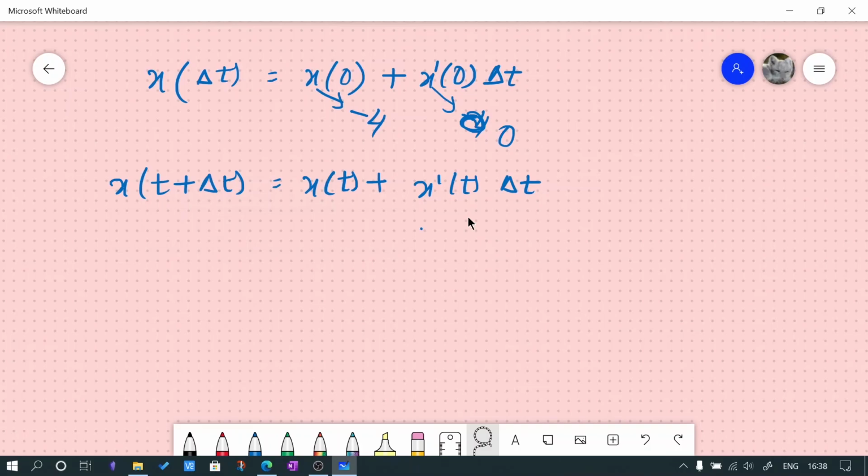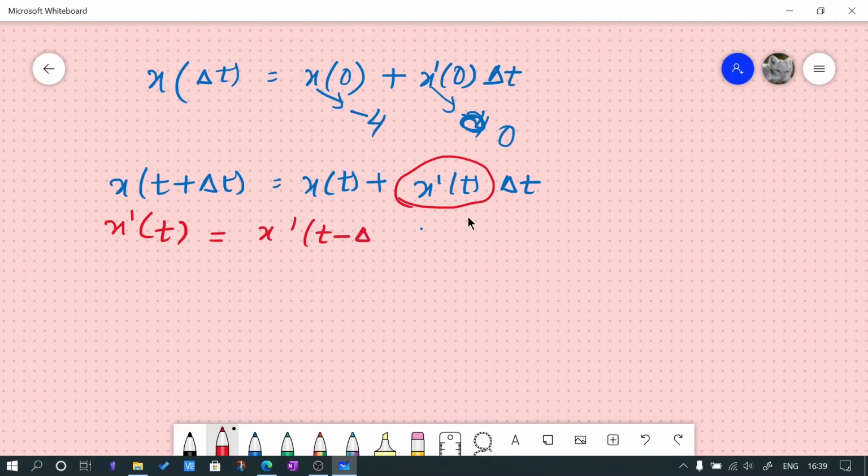So x at t plus delta t expects you to know the value of x dash t, which is the velocity at time t. We somehow may know the value of x at t since that is the previous iteration. The program may have already gone through that iteration. So to find the value of x dash at t, the program may have to call on the velocity function again. So by calling it, it will again approximate it.